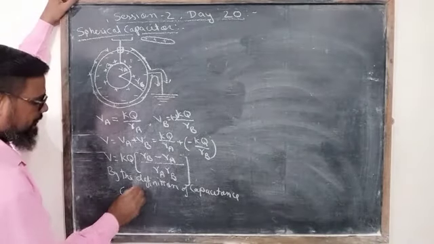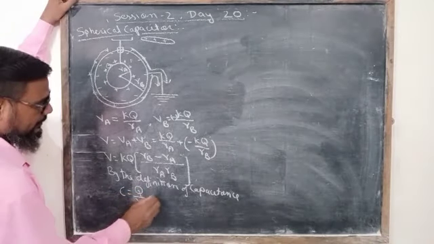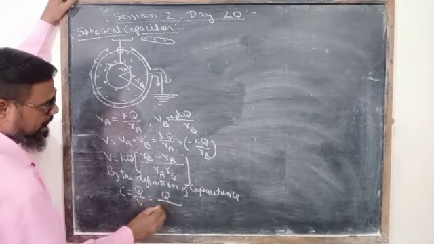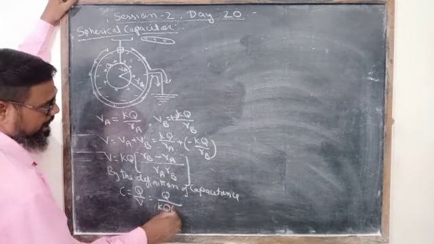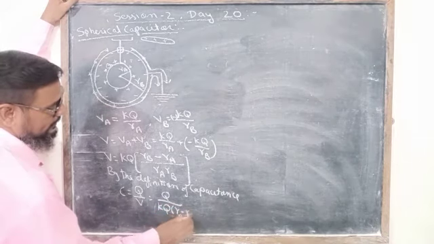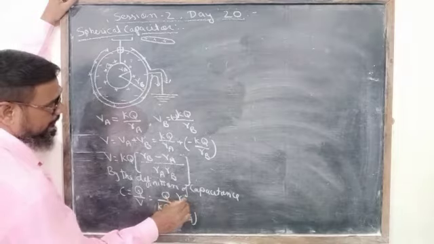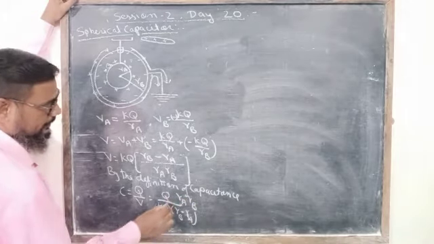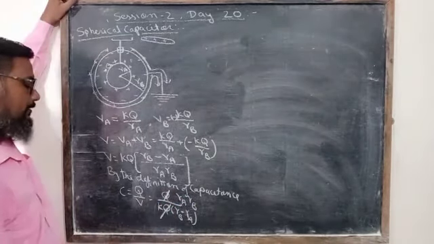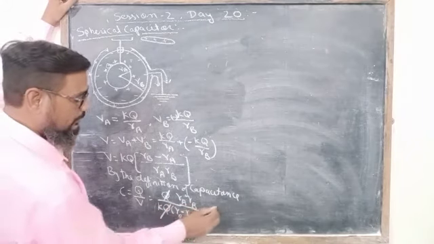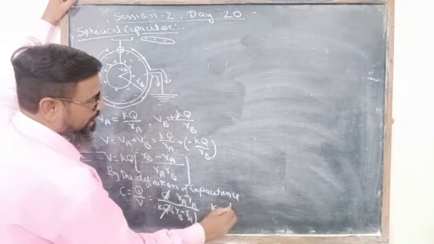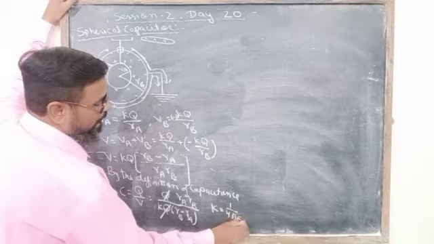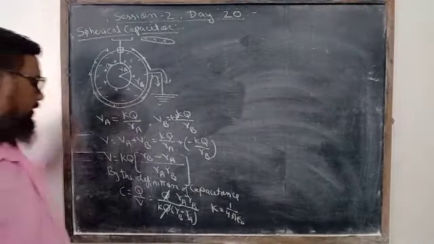By the definition of capacitance, C is equal to Q by V. Now put the value of V, which is KQ (RB minus RA) upon RA RB. Q and Q cancel out, and the value of K is 1 upon 4 pi epsilon naught.